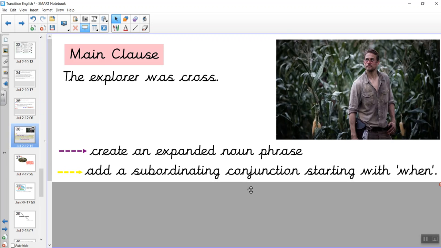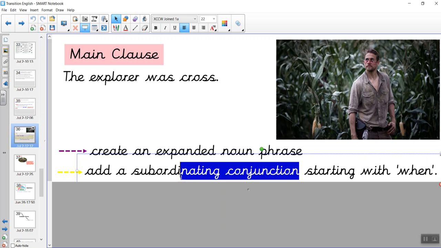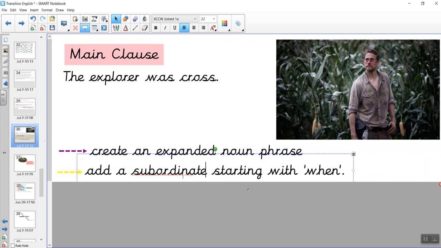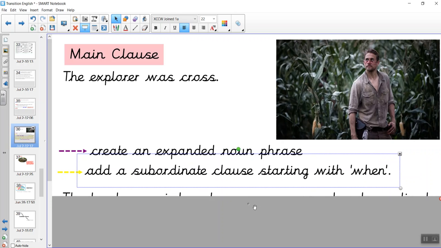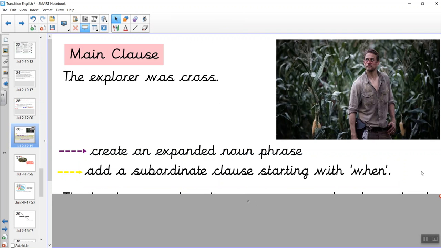I want you to add a subordinate clause starting with when. Have a go. So your expanded noun phrase is going in there, and when can go at the end there. Pause the video and have a go.